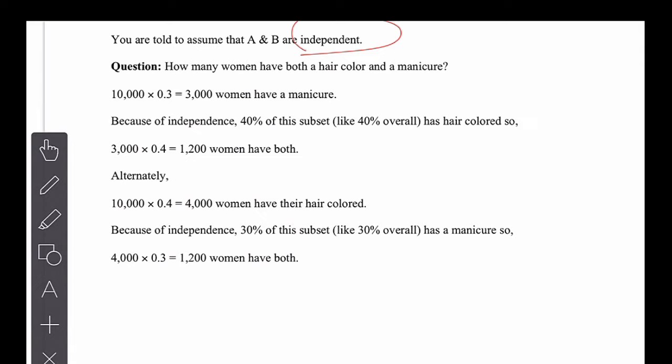Well, maybe if you have budget constraints, you don't have enough money, you don't want to spend more, or you have a time constraint, you want to get going from the salon, you have other things to do. So in that case, the probability of having your hair color after having a manicure might change. In that case, they would not be independent. They would be dependent, okay?